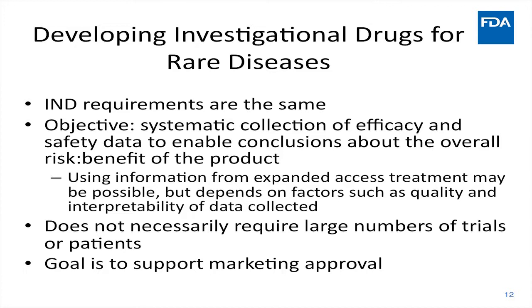So we think ideally the goal for any of these things should be to help support marketing approval because, as Gina mentioned, what do you do with those patients once the drug's been approved and then insurance companies don't want to cover the drug and the pharma sponsor may not want to continue the expanded access protocol indefinitely. So we always think that trying to get systematic data is better and hopefully get the drug approved for these products. And I think that's, for these patients.